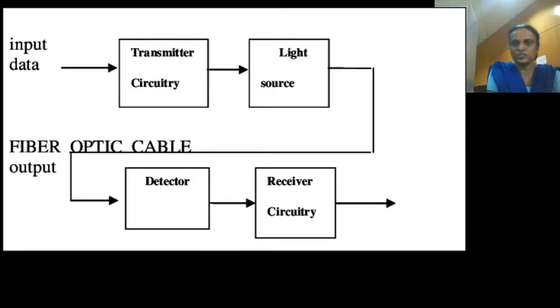Previous to the light source, you can have a transmitter circuit. This transmitter input can be in the form of video, audio, moving image, still image, or any type of picture.